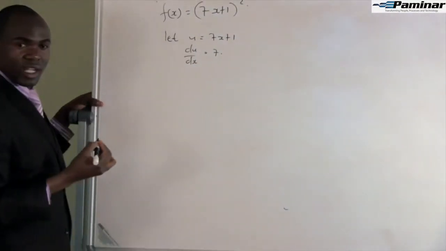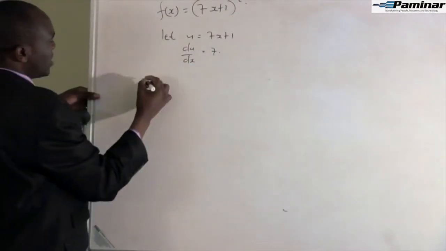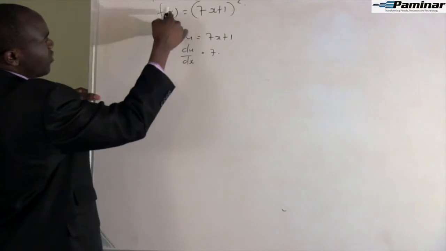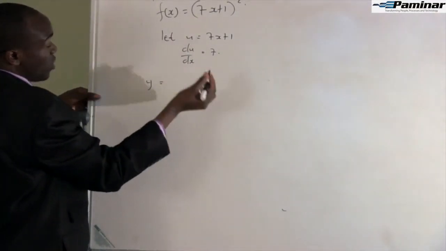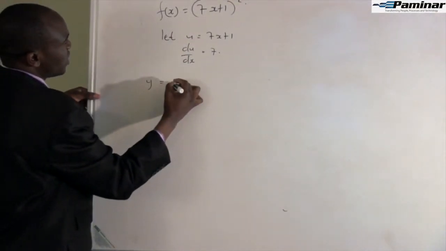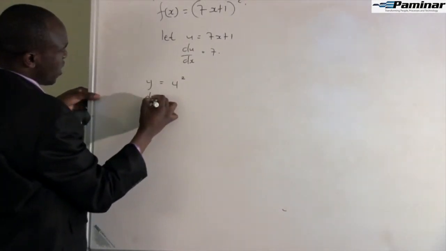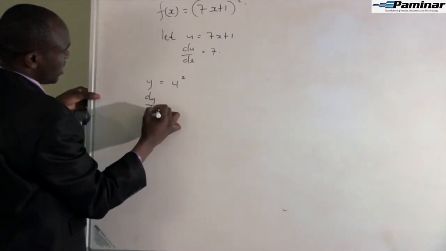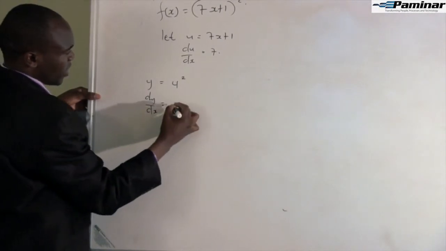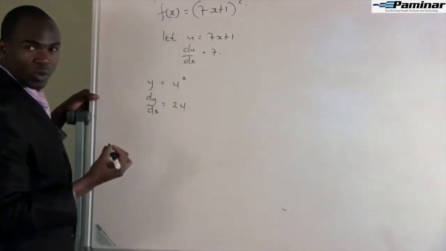du over dx is 7. Now y or f of x is u to the power 2. So dy over du is 2u.